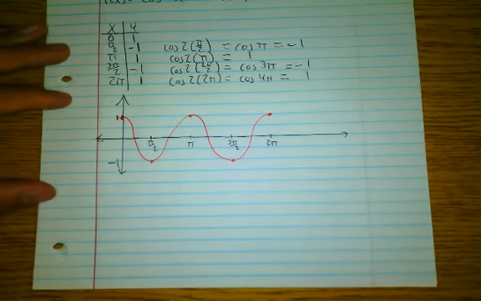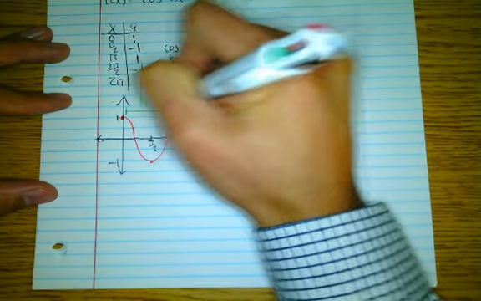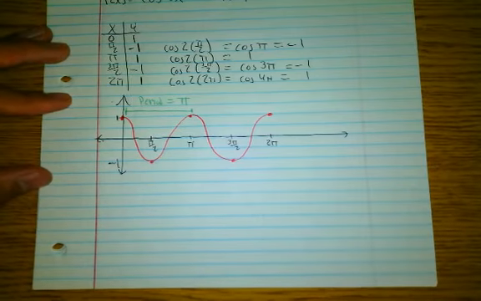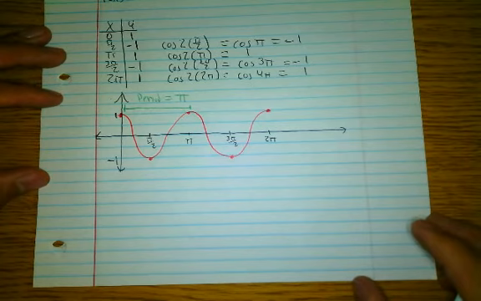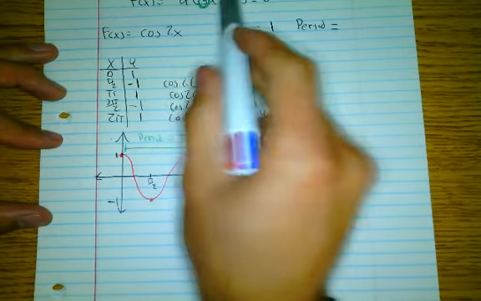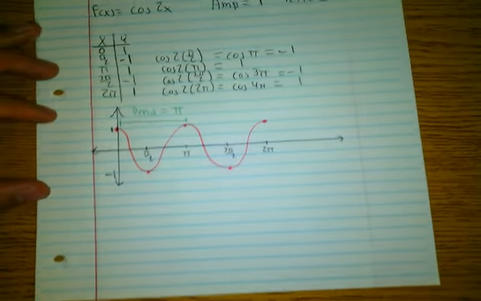So now you know that when you have some kind of horizontal stretch or compression, it's going to do what to your period? Change it. It doesn't have to shorten it, it could also elongate it. So the way you're going to be able to figure this out beforehand, there's a formula. You ready?